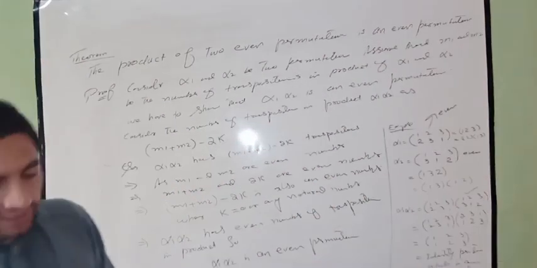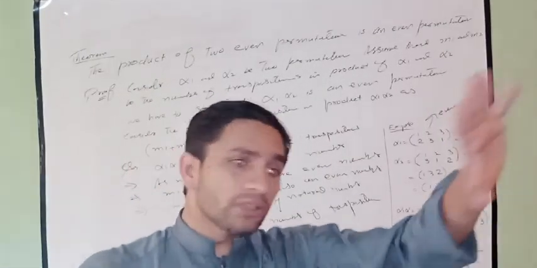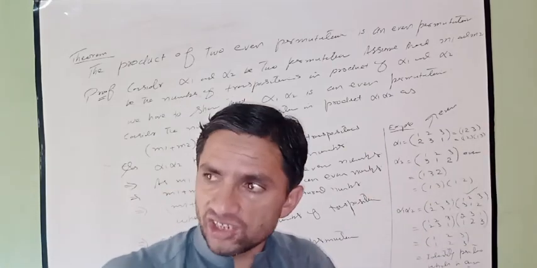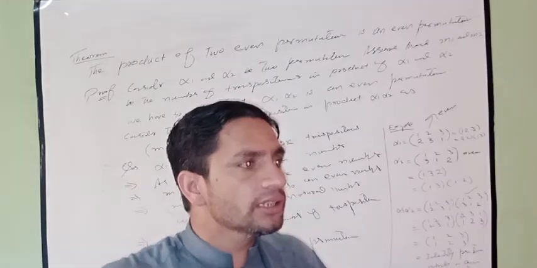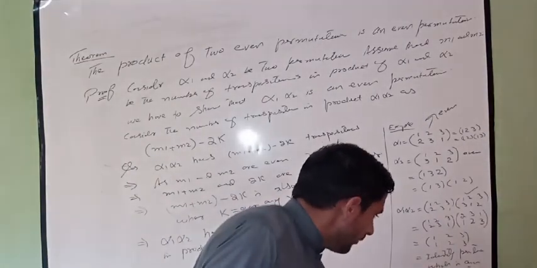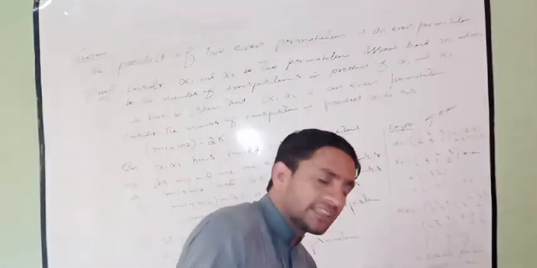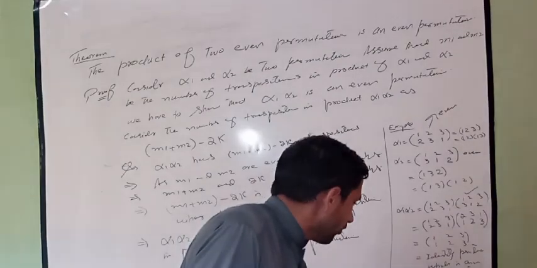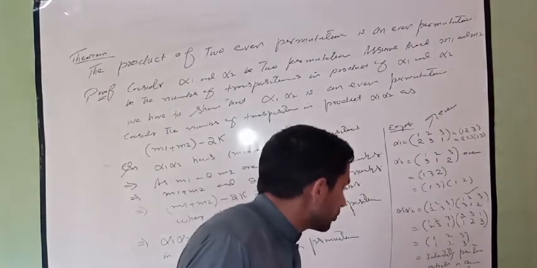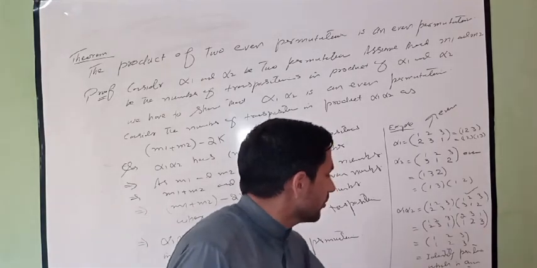Here k is adjustable, because 2k is a number which is always adjustable for the complete simplification of the number of transpositions in the product of transpositions, that is m1 plus m2 is 4 minus 2k.